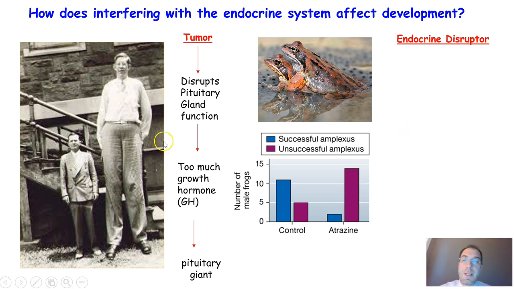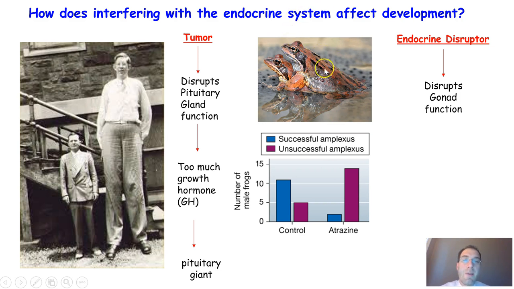This sort of developmental problem is not restricted to humans. It's found in all animals. This particular one, atrazine, looks just like estrogen. Estrogen is a hormone that's responsible for giving female characteristics.